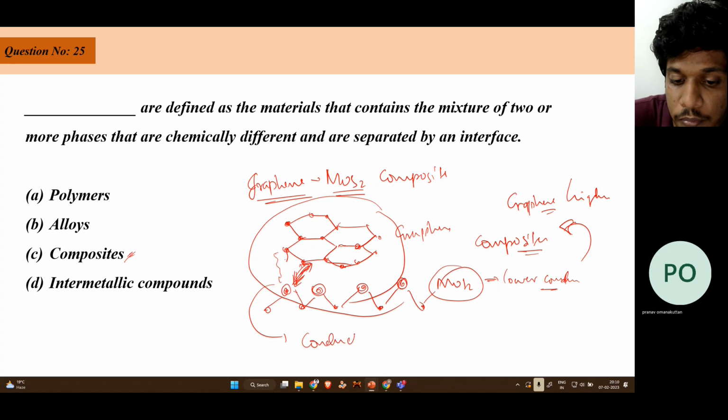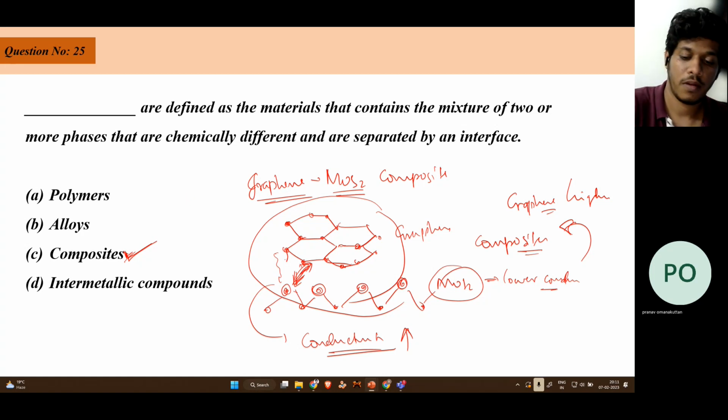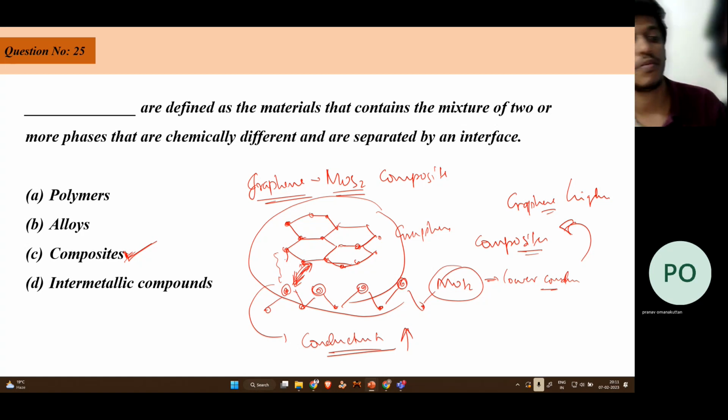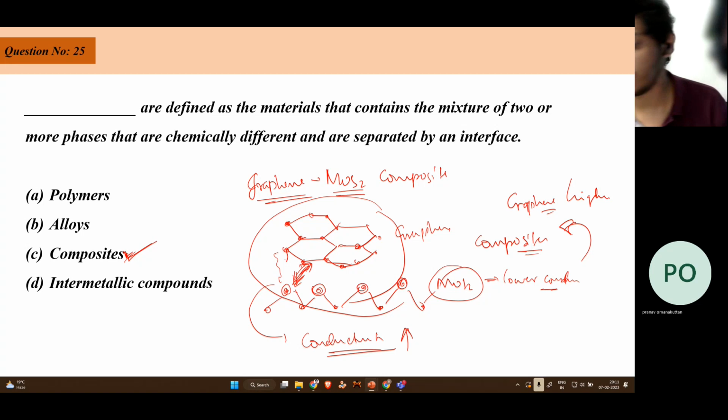In a similar manner, different composites are being synthesized in a tailored fashion for different kinds of applications. So basically, these are the questions that I would like to discuss today for this introductory course.